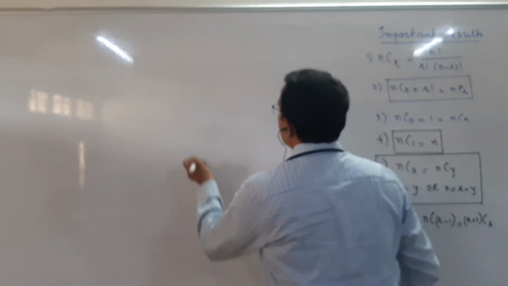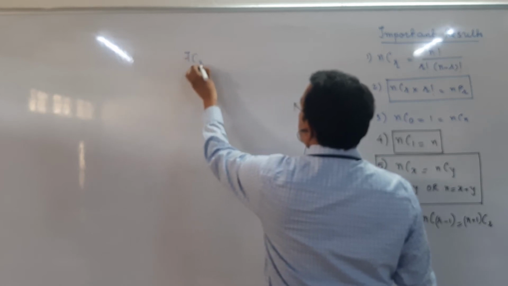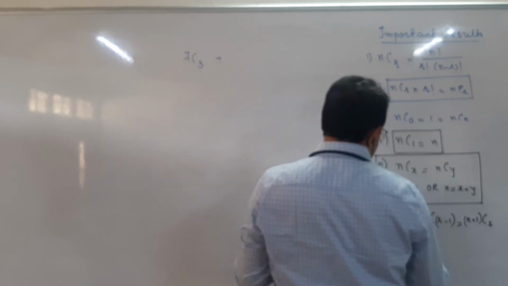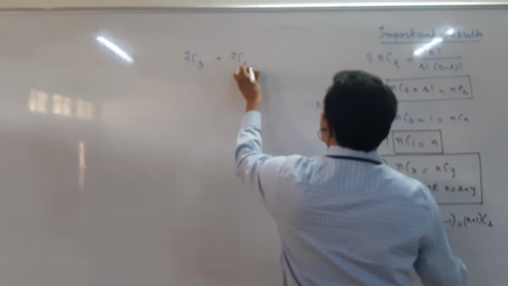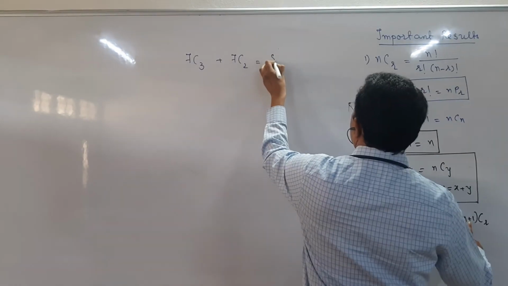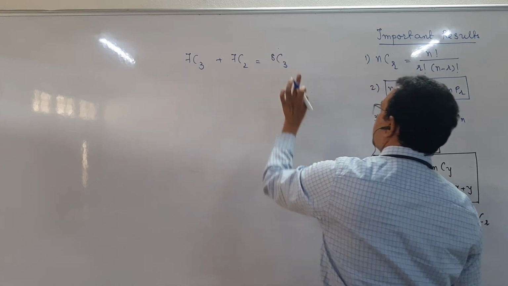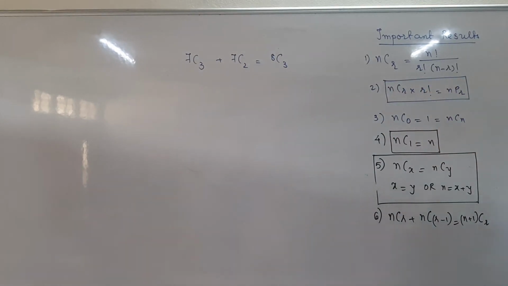Now students, NCR plus NC(R minus 1), suppose I write 7C3. So N is 7, R is 3. R minus 1 will be 2. So 7C3 plus 7C2 will be equal to N plus 1, 8C3. This is what the property tells.